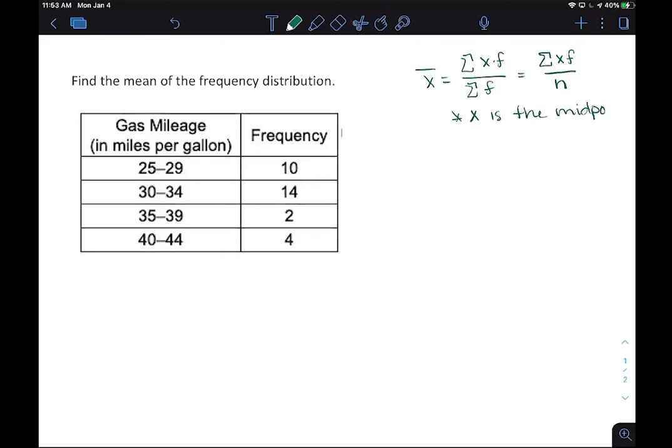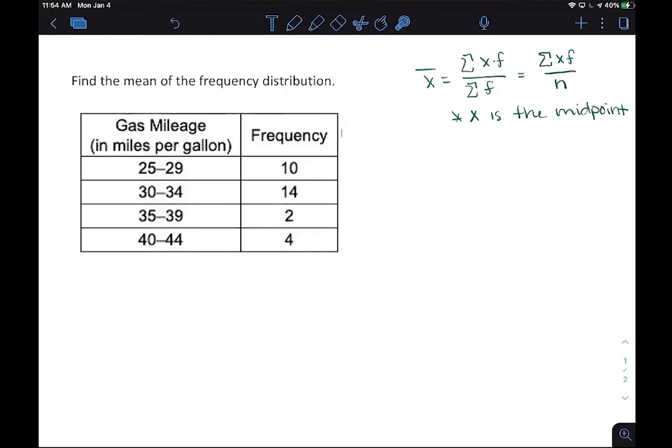I would say this is probably one of the most missed questions on your final from first semester. A lot of you just found the mean of this column of the frequencies, but you actually have to use the midpoint.